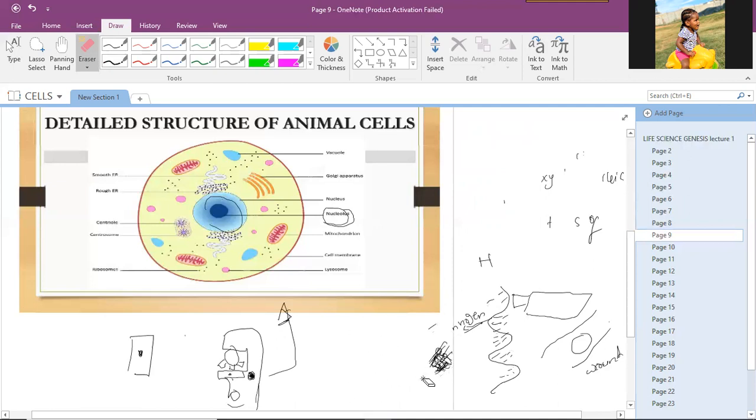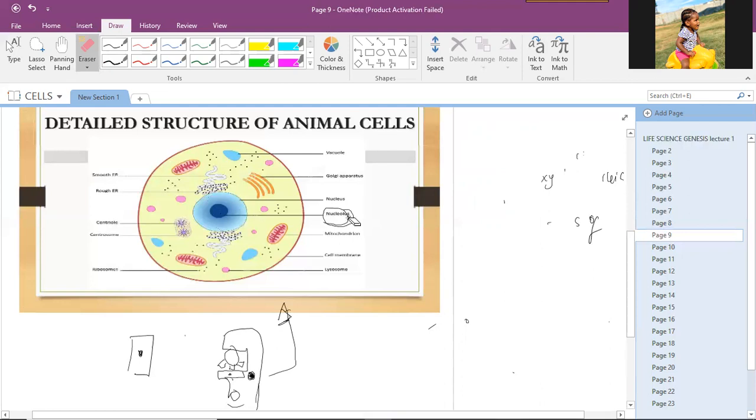So let's look at our second structure. I labeled the wrong diagram. There are two structures in there. The nucleus is this. Then inside the nucleus, there's a structure, which is the nucleolus. So let's look at the function of the nucleolus, which is a small structure inside the nucleus.